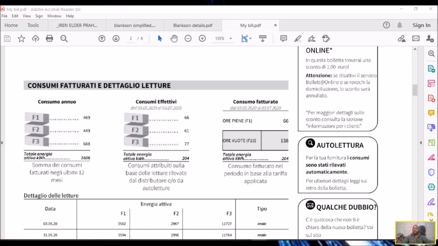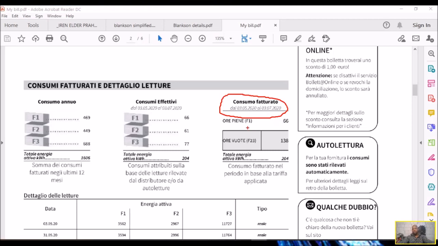And obviously, here you can see something like consumo fatturato. It is just the same as consumi effettivi. Obviously, what you consumed effectively will be used for the fattura.